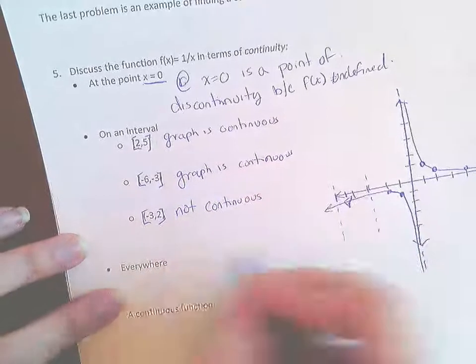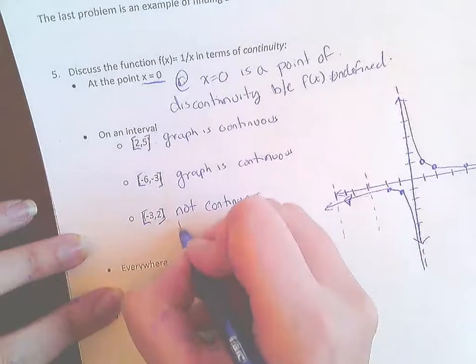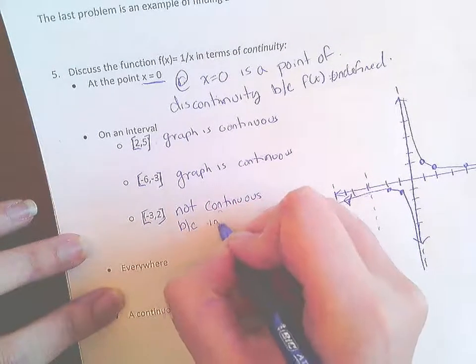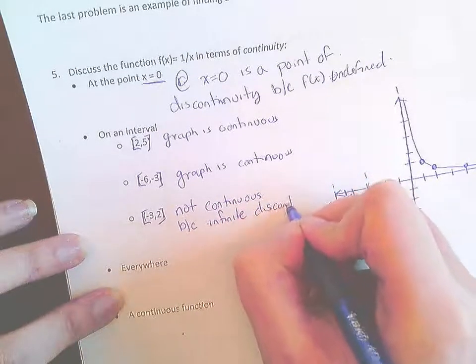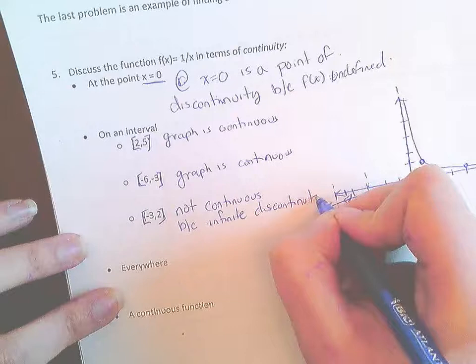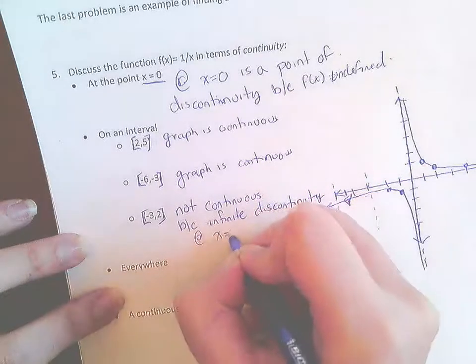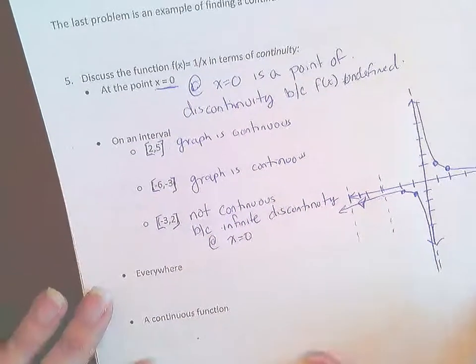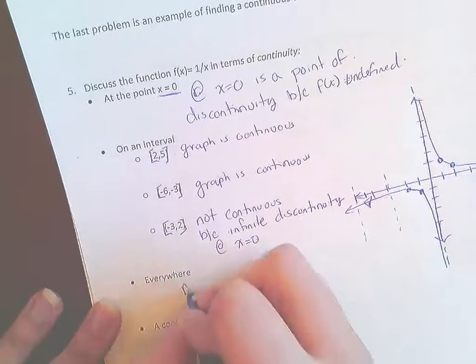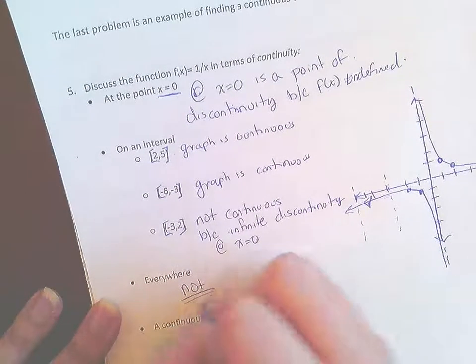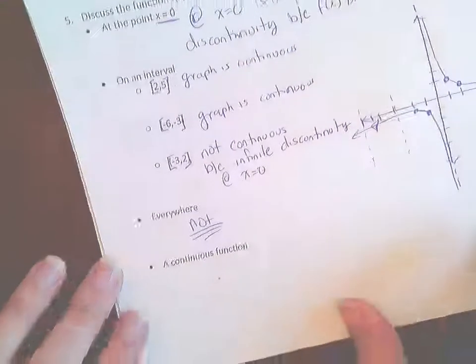And what kind of discontinuity is it? Because of the infinite discontinuity at x equals 0. So is it continuous everywhere? No, it's not. And I'll elaborate on this a little bit more.